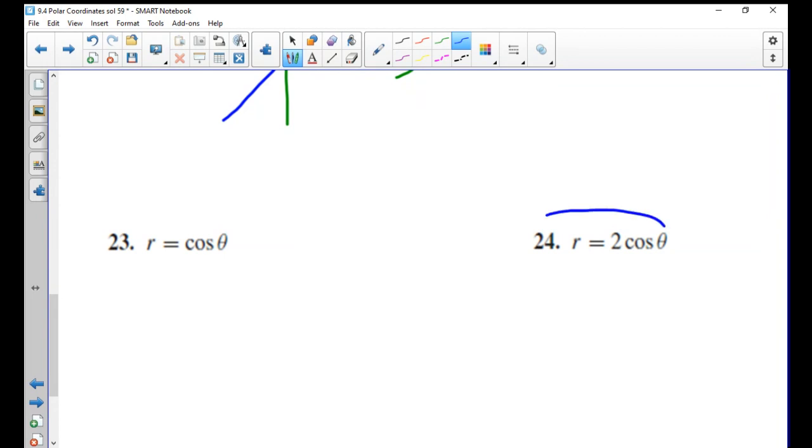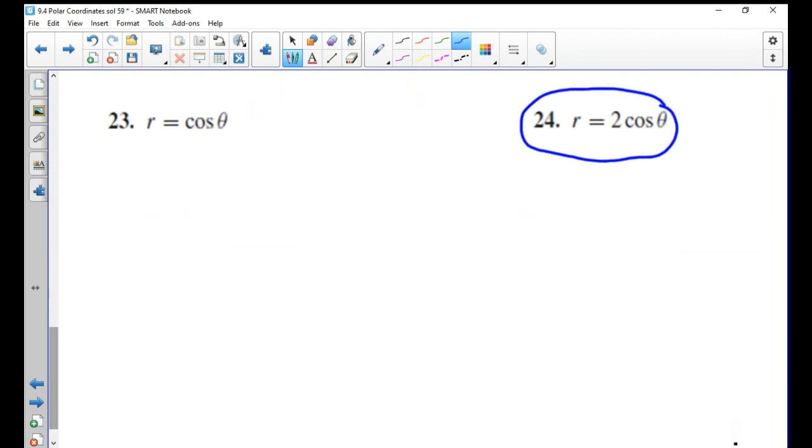Okay, let me do 24 and then I will stop here because you will not get more difficult than this. So I want to graph this one: r equal to 2 cosine theta. We did a similar example like this. To do this, we're going to use the fact that r cosine theta is x.